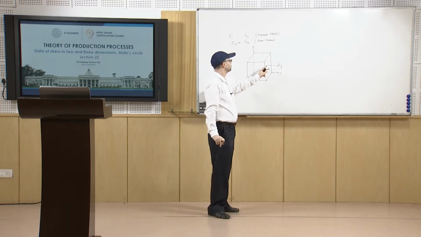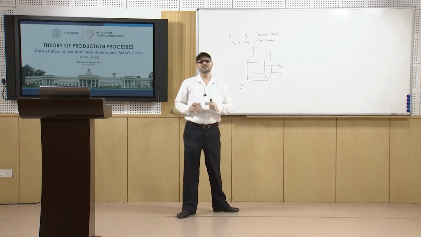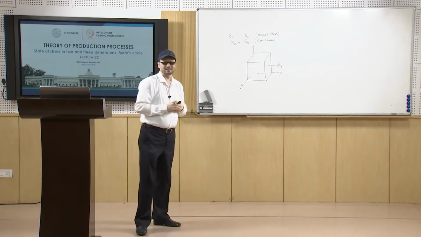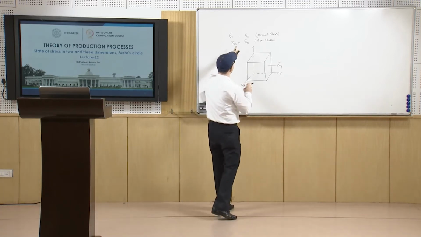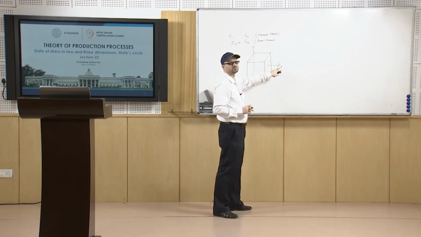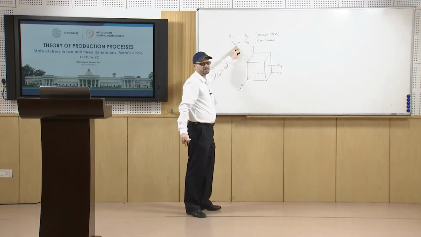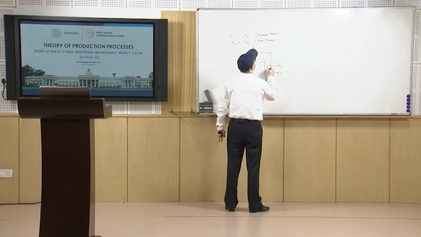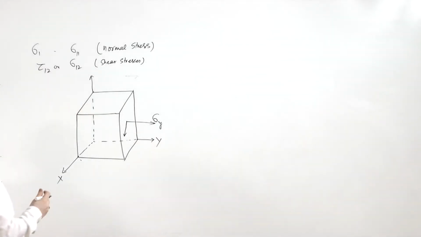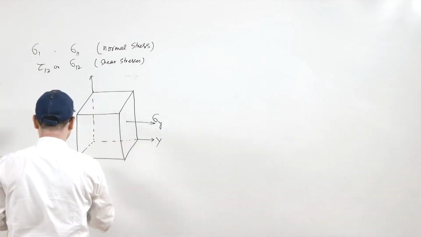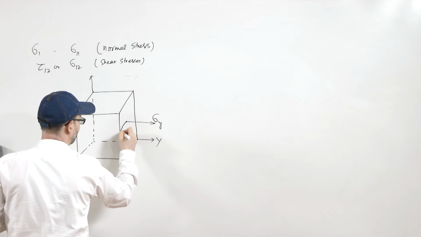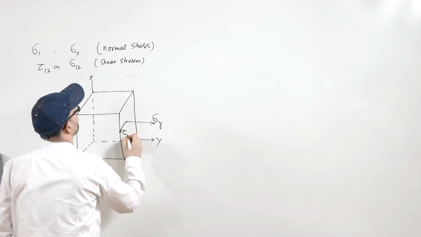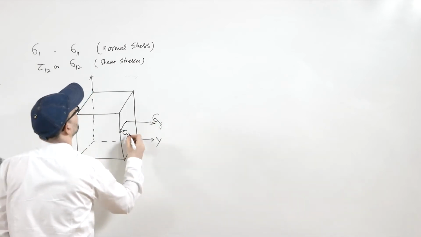Basically, here you will have 2 kinds of shear stresses. The first subscript is the plane in which it is working, and the second subscript is the direction in which it is working. If you take the x direction like this, this will be tau, where the plane is y and the direction is x.